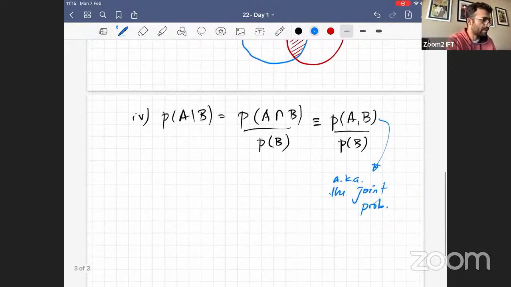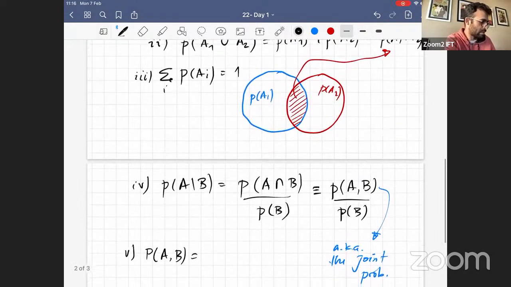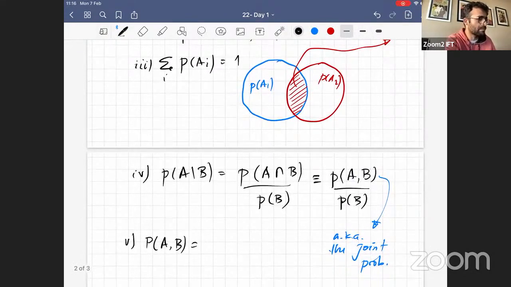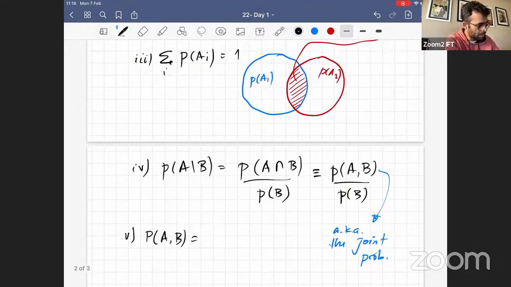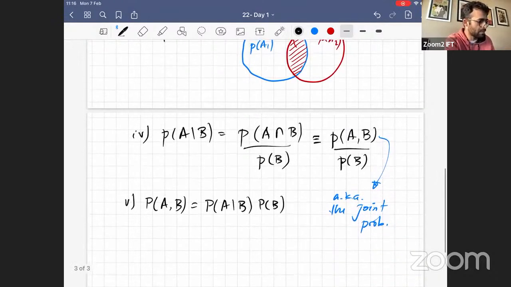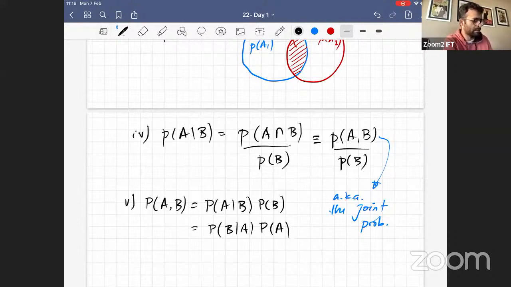Okay, so then what about this joint? I mean, you can see it from this diagram here. It is the probability of A given B times the probability of B. I am just using the formula above. But it is also equivalent to the probability of B given A times the probability of A, right?